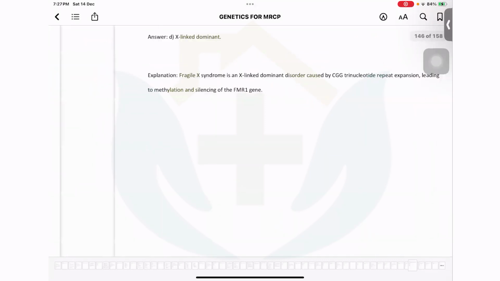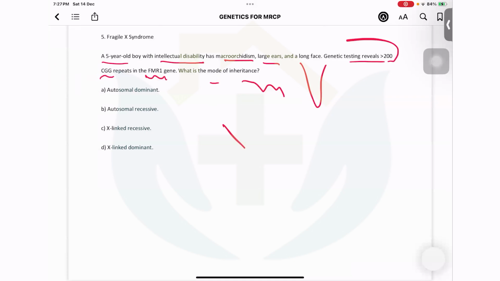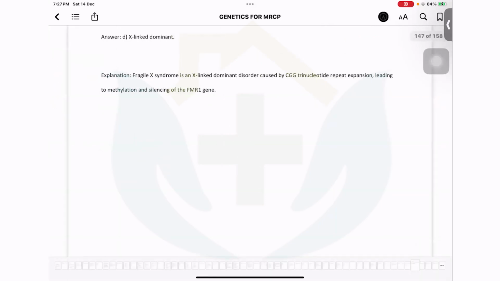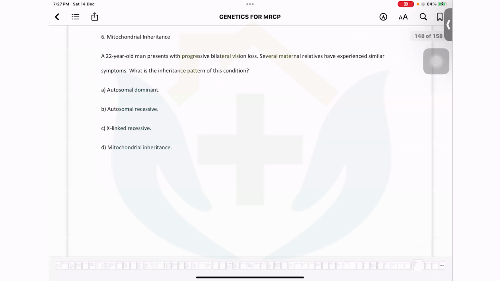So basically, it is X-linked dominant. Whenever the X chromosome is recessive, it is a boy, no? Yes, yes. So X-linked dominant. There is an X and there is a Y only in boys. Fragile X is X-linked dominant, caused by this, leading to silencing of the FMR1 gene.